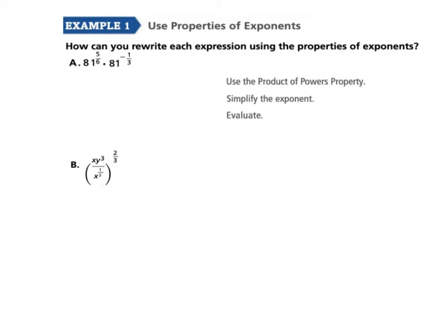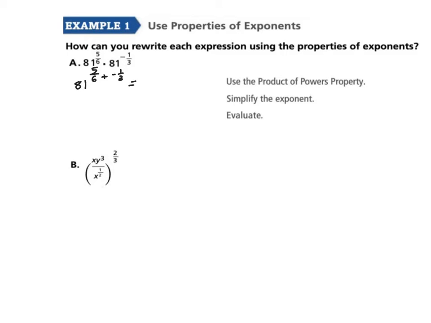First problem would be just rewriting the expressions using the properties. So right here we have a product of powers. So we know we have to add the exponents. We have 81 to the 5/6, and then we have to add negative 1/3 to it to get our new exponent.